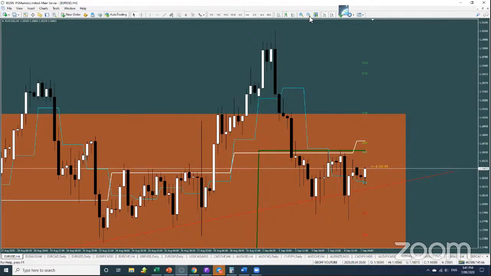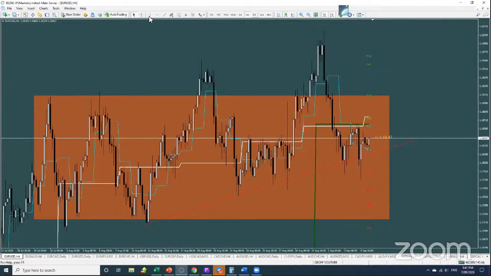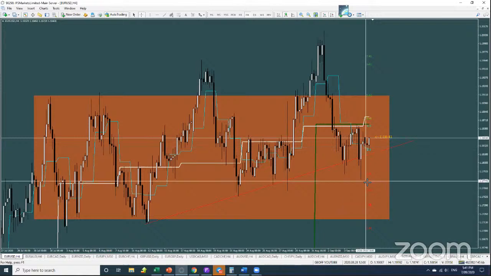Let me have a closer look. Or actually a wider look. So the risk there would be 60 pips, but it's in a dreadful place. You've got about 1-to-1 to the bottom of the range.